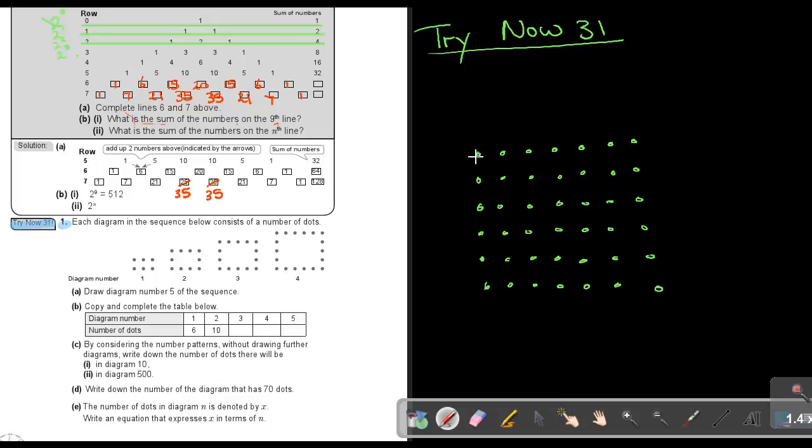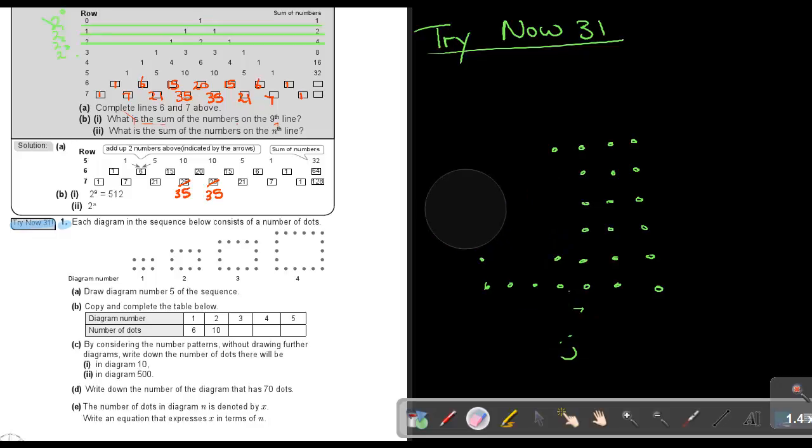It's going to be a 6 by 7. But this is going to be diagram 5. Okay, let's go on. I'm just going to make space and get it bigger.